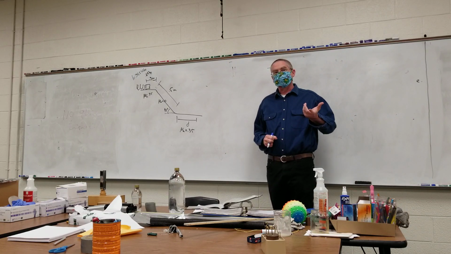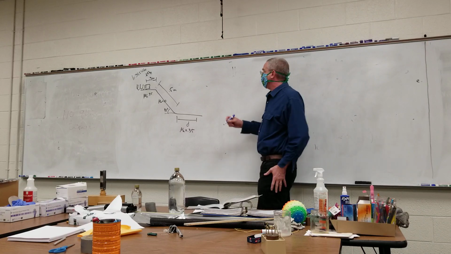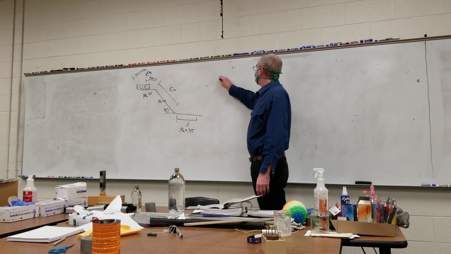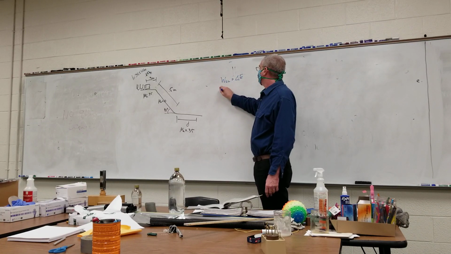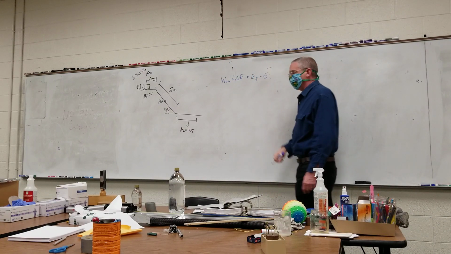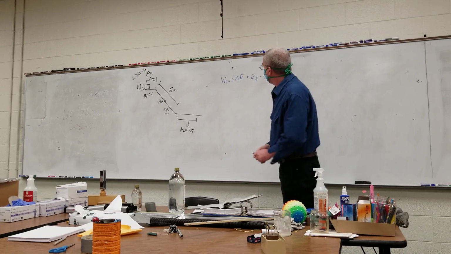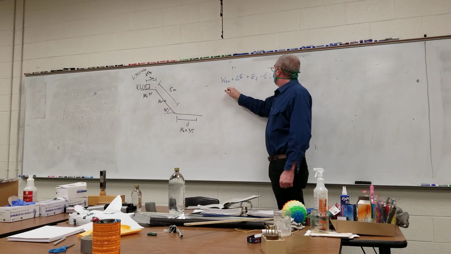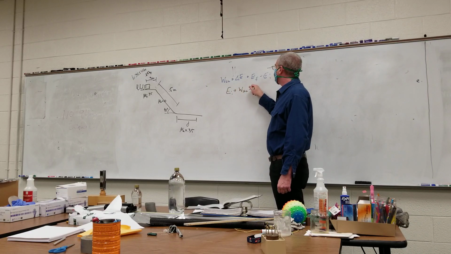All right, so finding D. Friction's involved, so we have non-conservative forces. Matter of fact, non-conservative work being done. So I know that the non-conservative work is equal to the change in energy, which is E final minus E initial, because that's what change is. So I have my initial energy plus the non-conservative work is equal to the final energy.